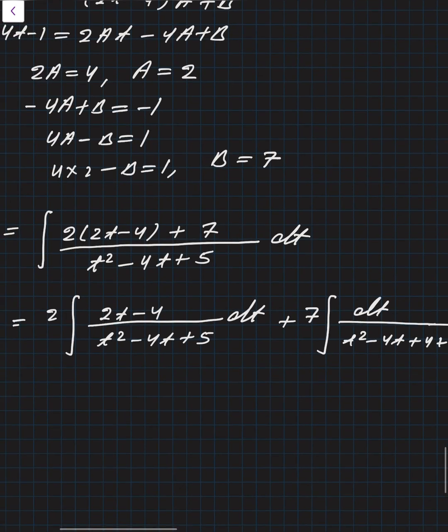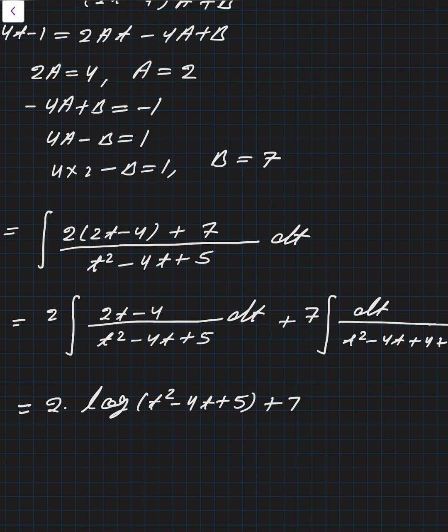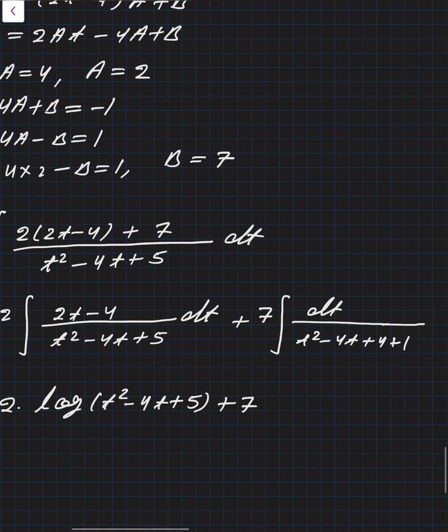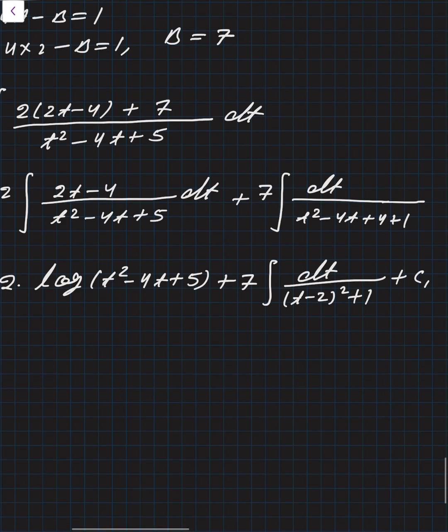Okay, if you see very carefully, that is log of t square minus 4t plus 5. That one is basically the integration of dt upon t minus 2 whole square plus 1, with a new constant c1.